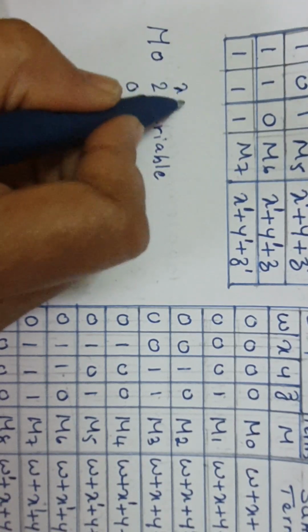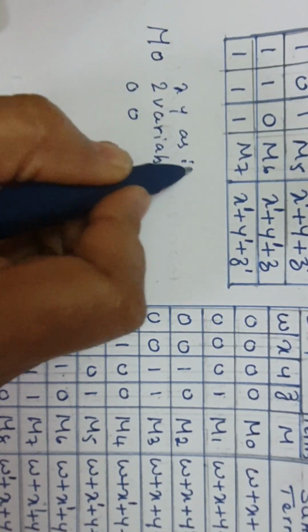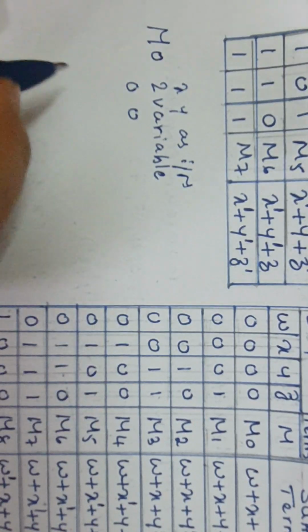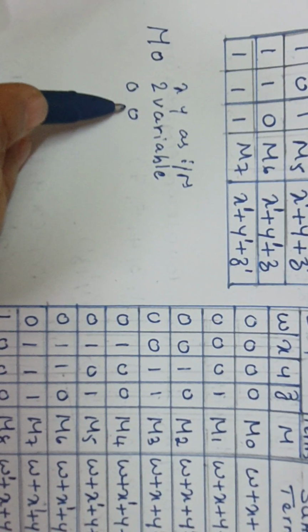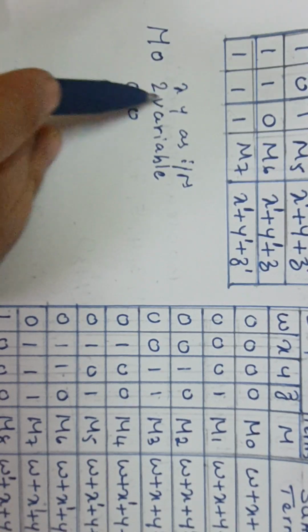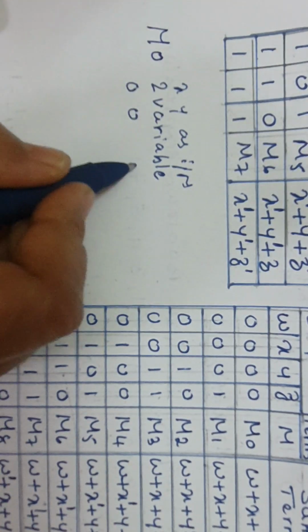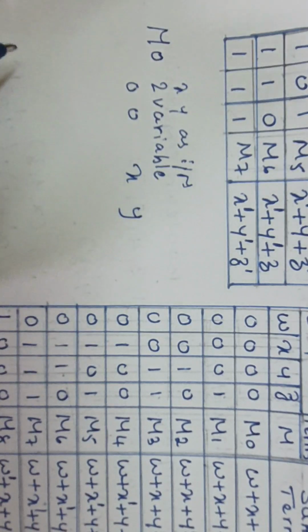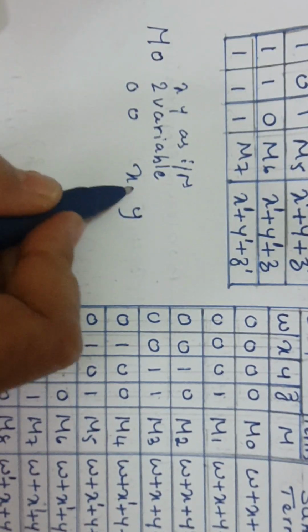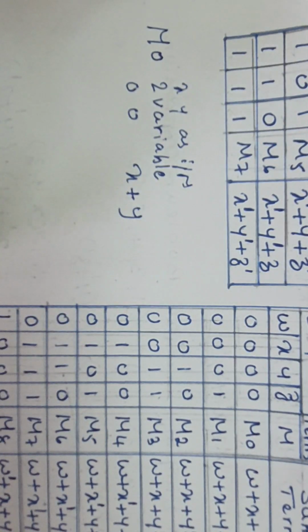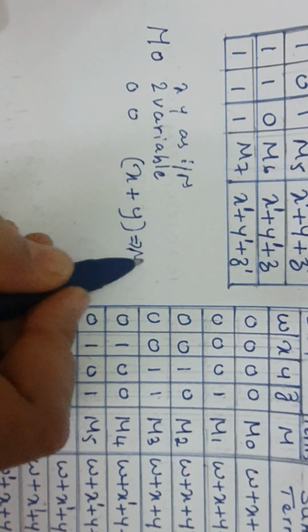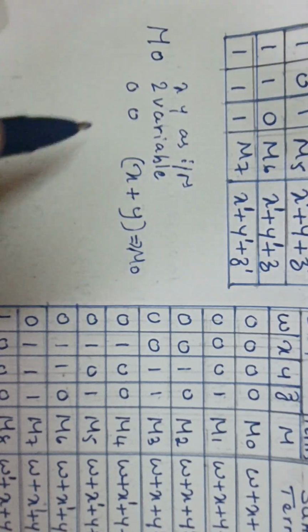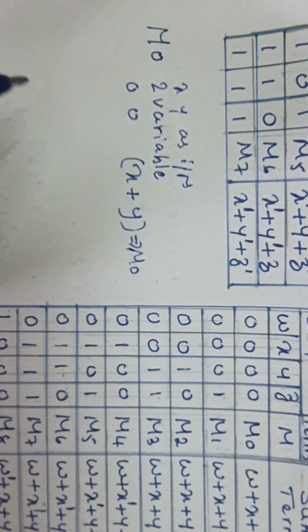So x and y as they are should be taken. Max term means it will be a sum term, and hence this forms m0 in a 2 variable system.